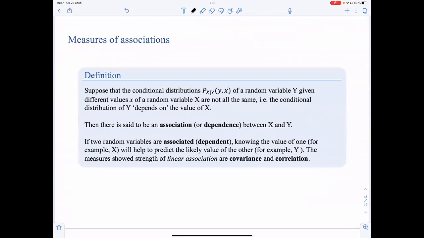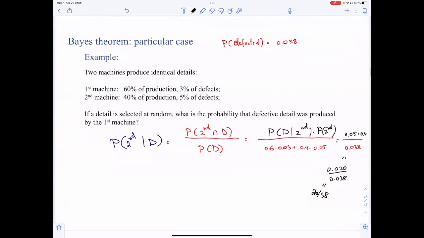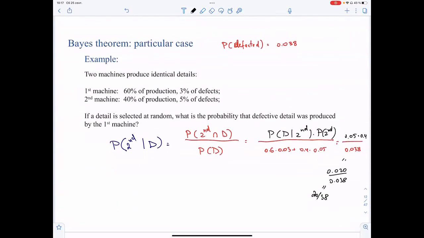And the next topic is actually highly important. If you recall the previous problem about the machines and defects, you see that some of the machines affect the probability of defect.